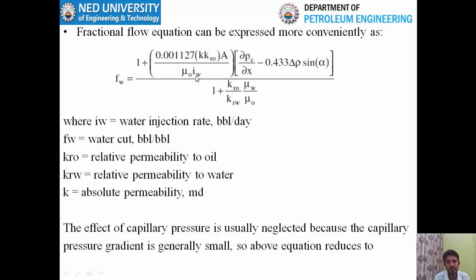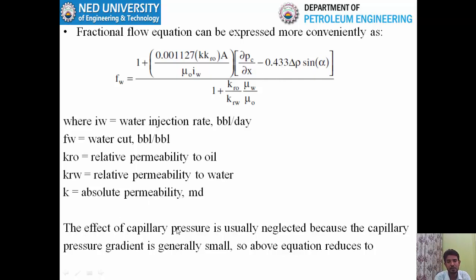Obviously, under steady state conditions, the total flow in the reservoir will be equal to the water you are injecting from the injection well. Other terms are the same: relative permeabilities, viscosities, absolute permeability, capillary forces, dip angle. We discussed the individual terms in the previous example.